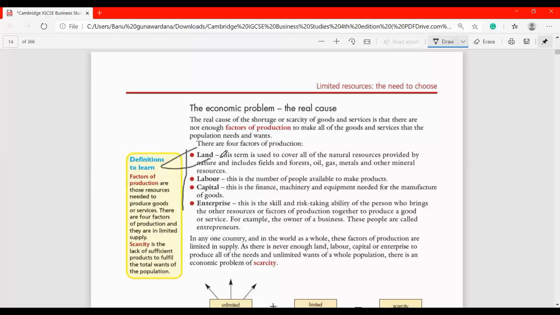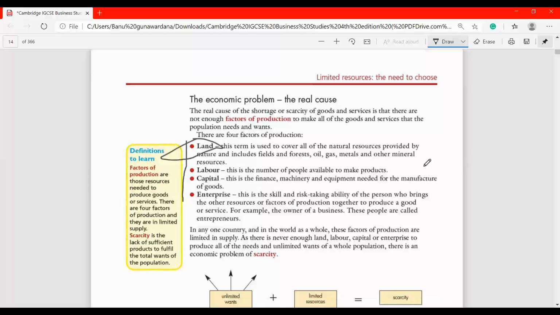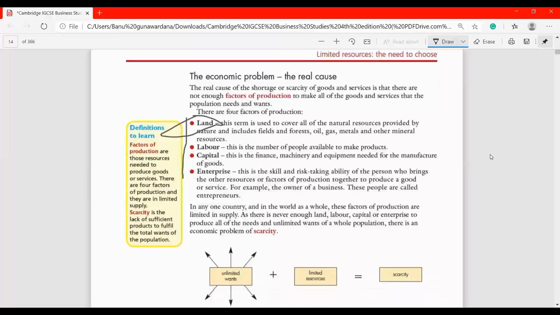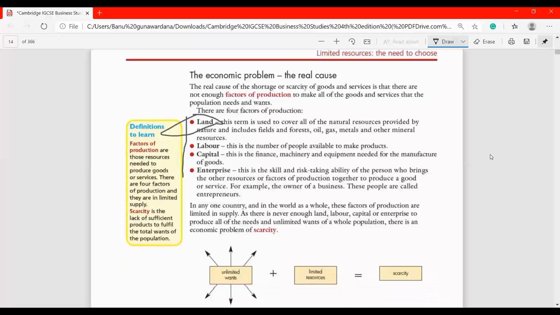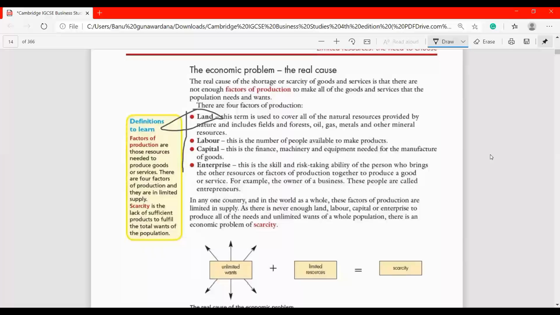So land includes all the natural elements or the natural raw materials that are provided by the earth, such as oil, gas, sunlight, water, which are not man-made, they are natural.